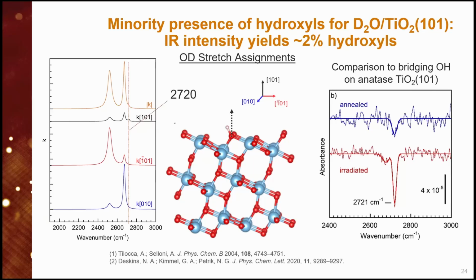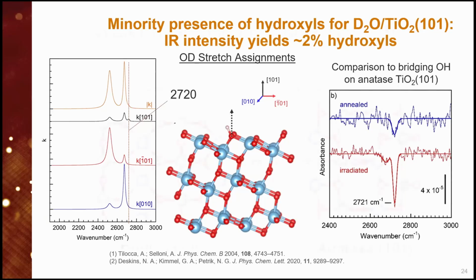And we did Uli's trick. In a different paper, you can irradiate the surface with electrons, make more vacancies, and dissociate the water in that so you get a clean signal. So that's what we're showing here. So we kind of know where the OH on this surface was. And so we were seeing maybe a few percent vacancies. And this was a lightly reduced crystal so far as we know. And with the experiments, the crystals are natural crystals, and so there can be variability in that as well.